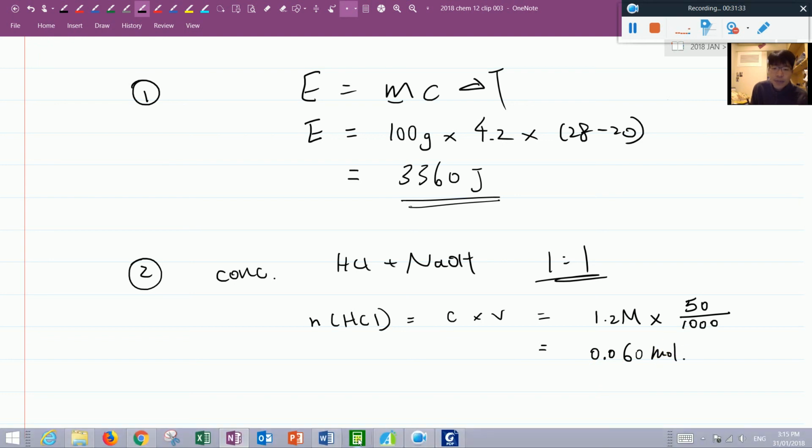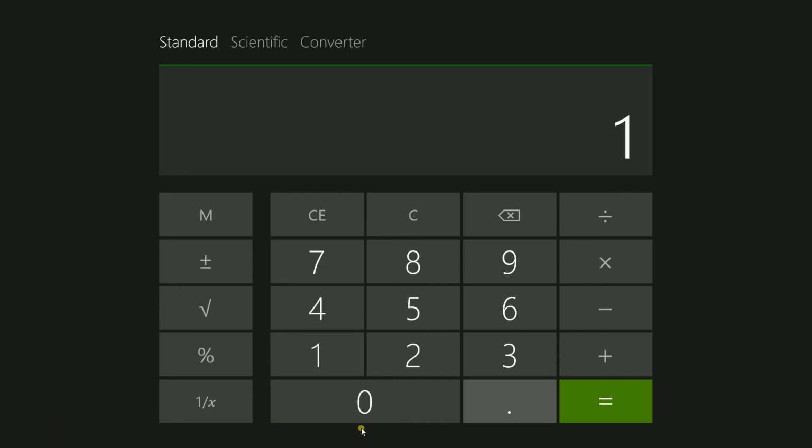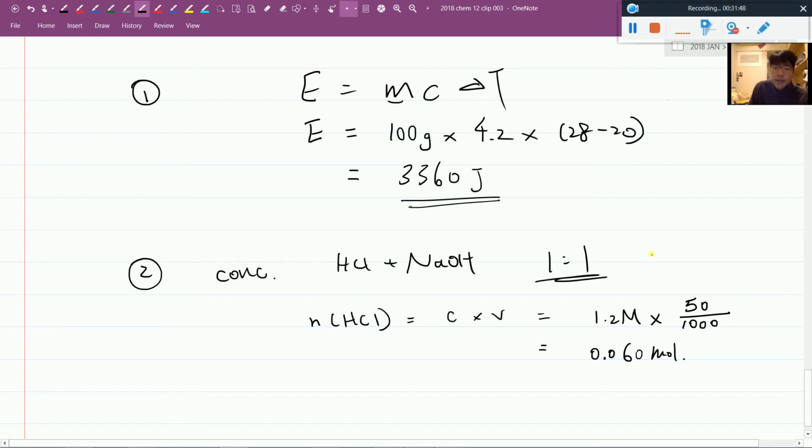It's 1.2 times 50 divided by 1,000, which is 0.06. 0.06 mole is what you have for hydrochloric acid. Number of moles of HCl equals number of moles of NaOH, so both of them are 0.06 mole.